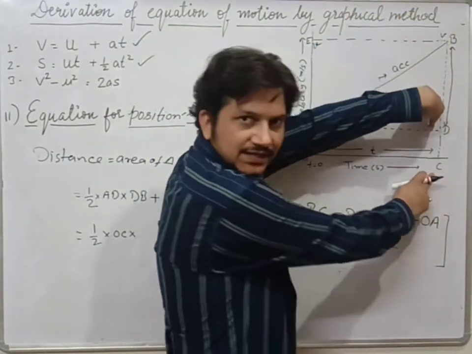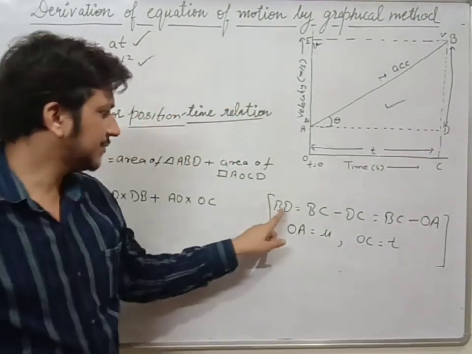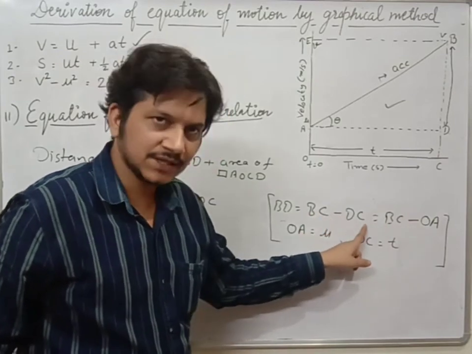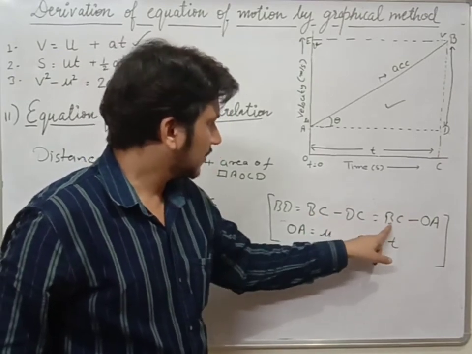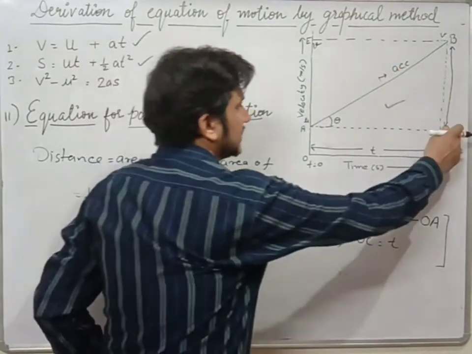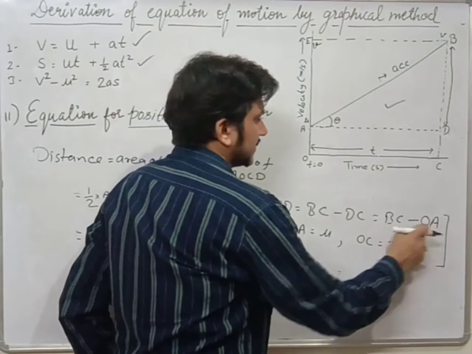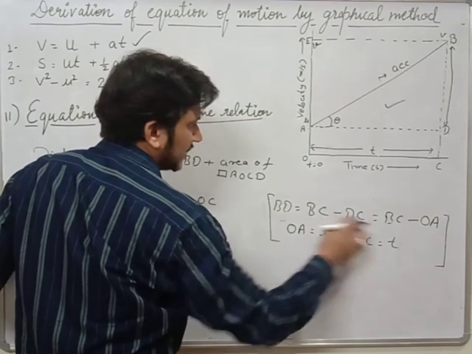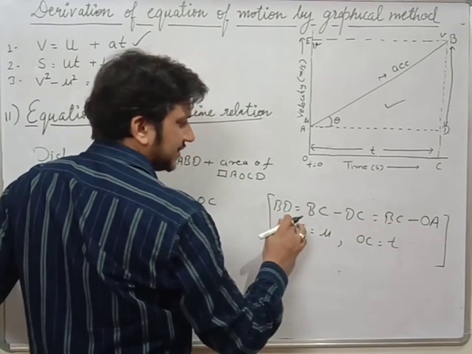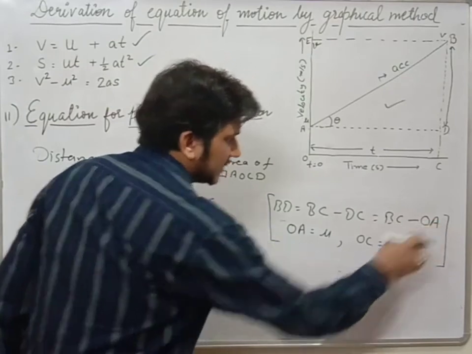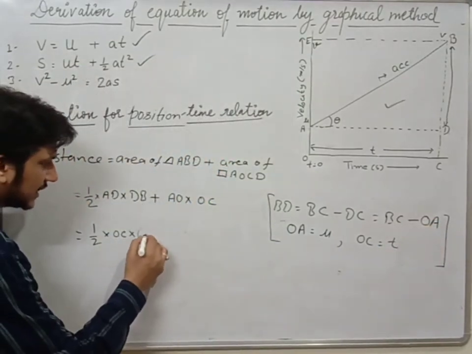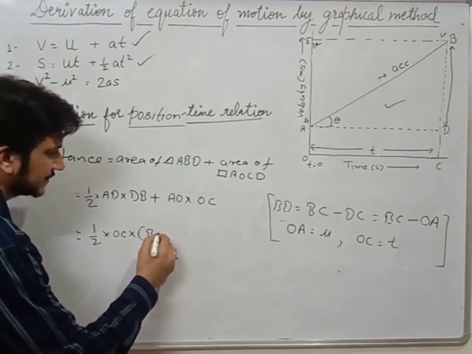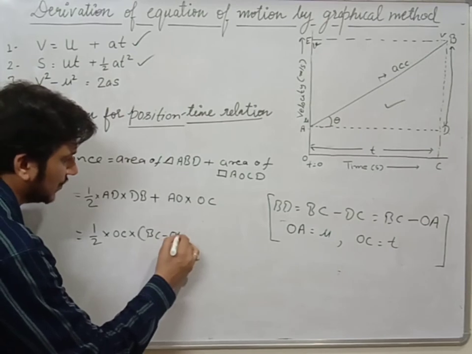DB equals BC minus DC. Here DC equals AO, so BD equals BC minus OA.